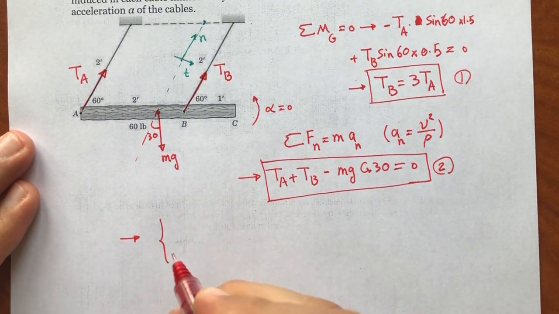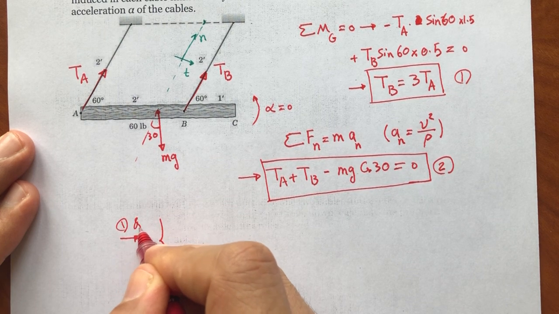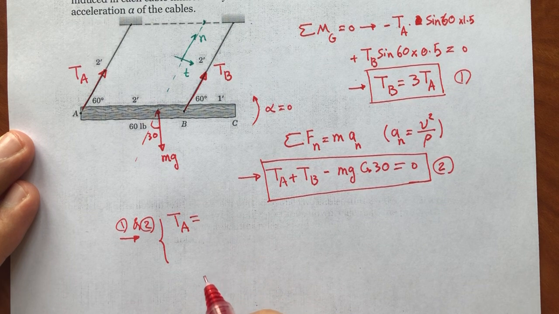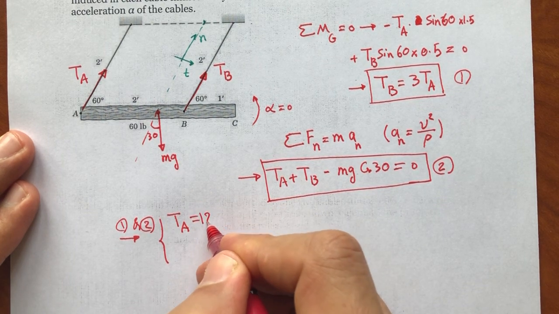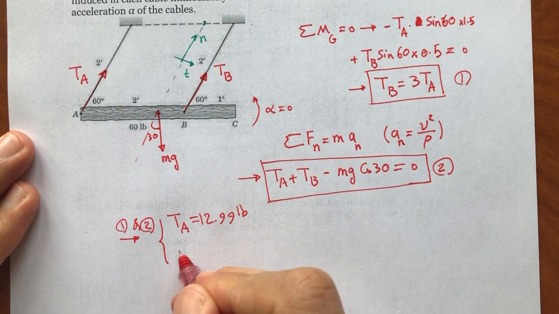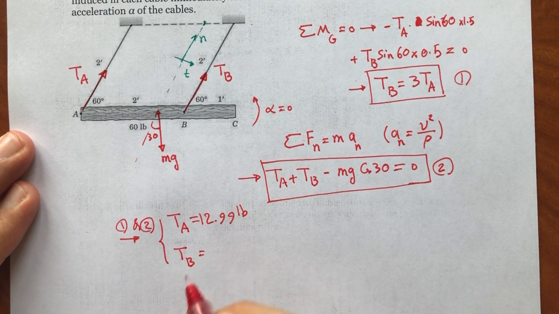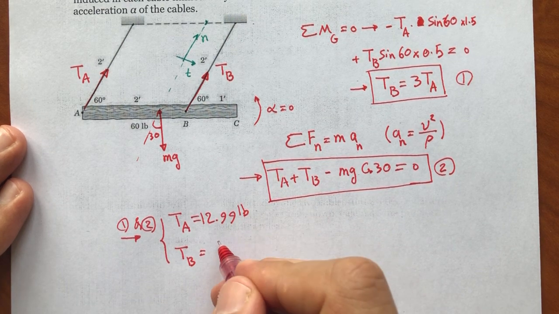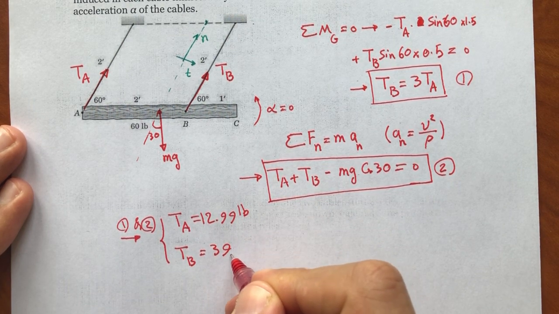So if you solve these 1 and 2 equations, you're going to see TA is equal to 12.99 pounds, and TB is equal to 39 pounds.